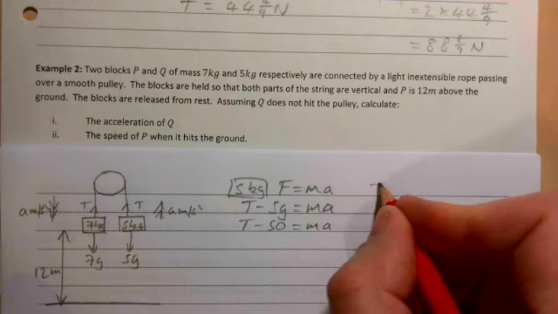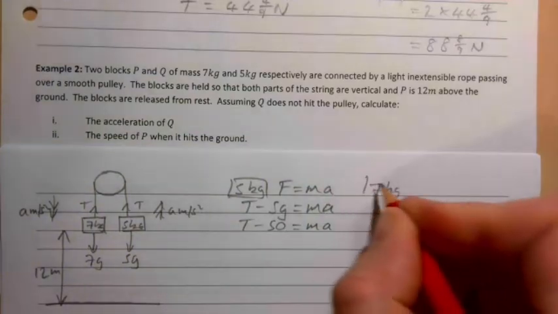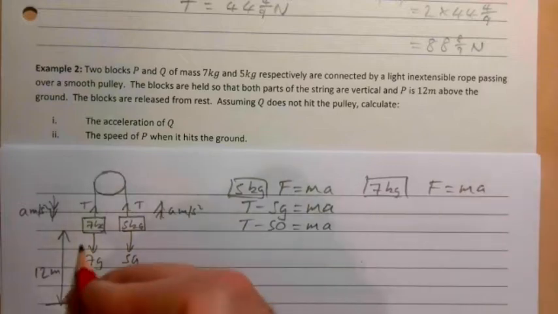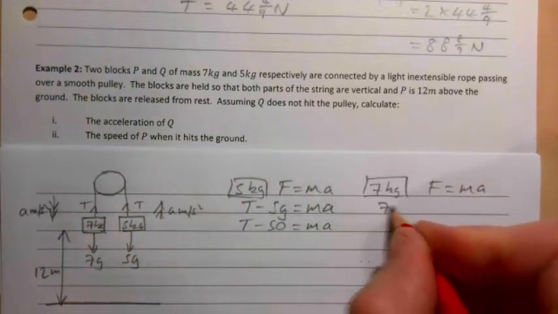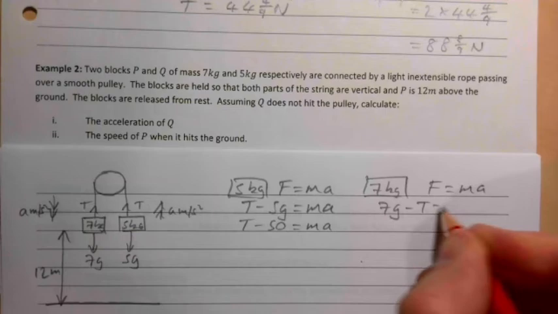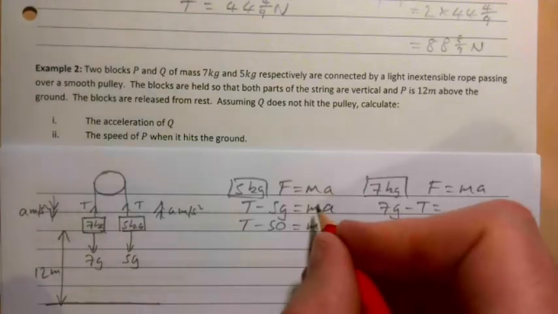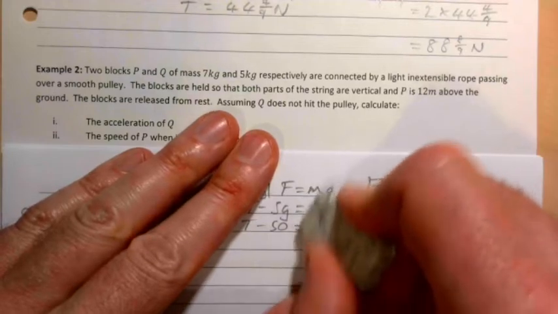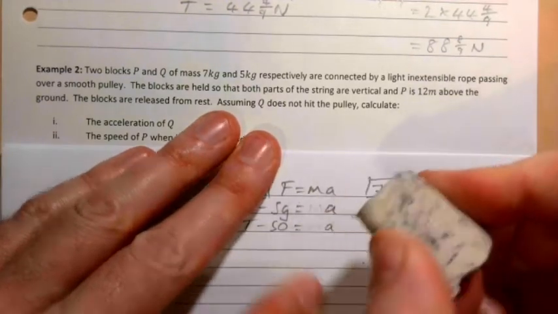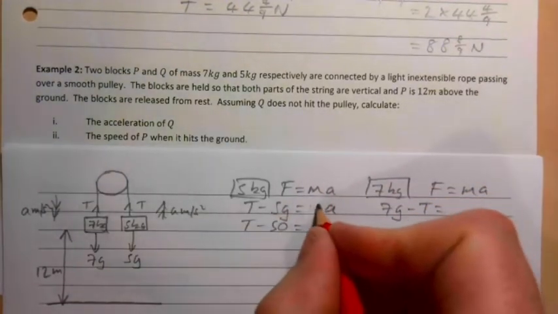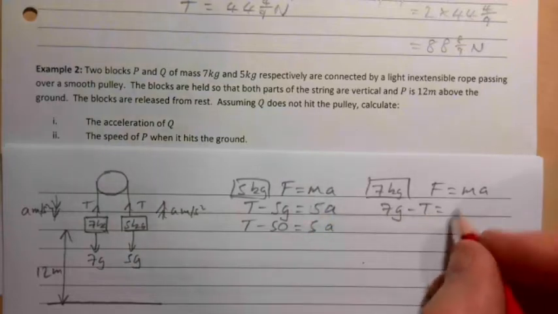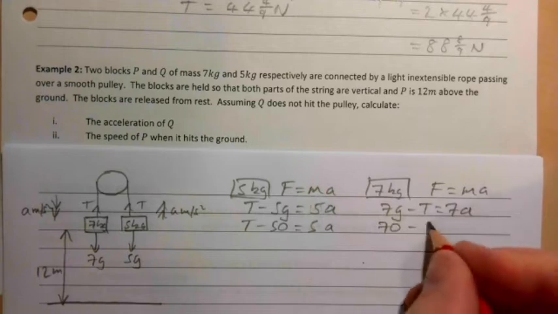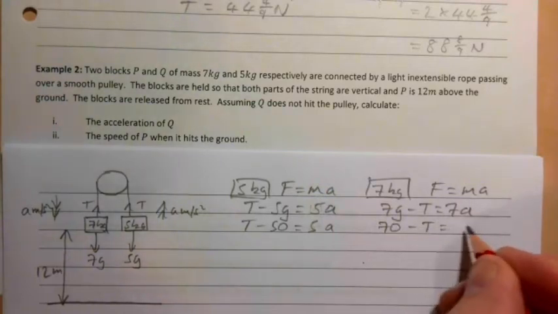For the 7 kilogram one, again, F equals MA. 7G take away T equals 7A. 70 take away T equals 7A.